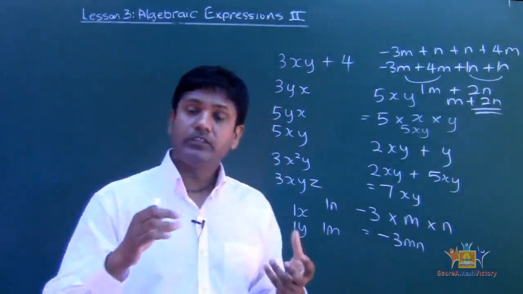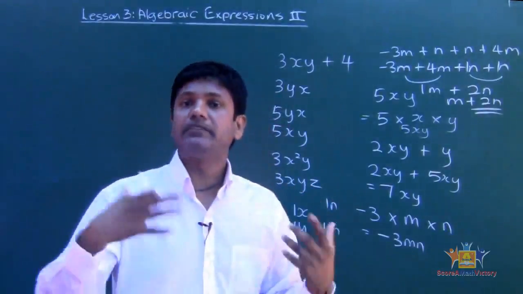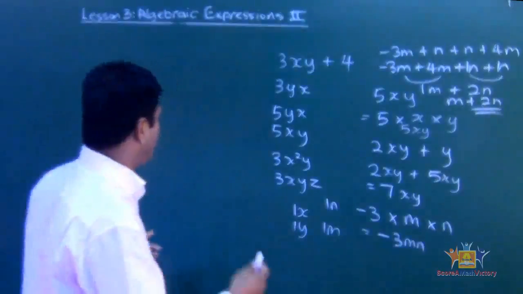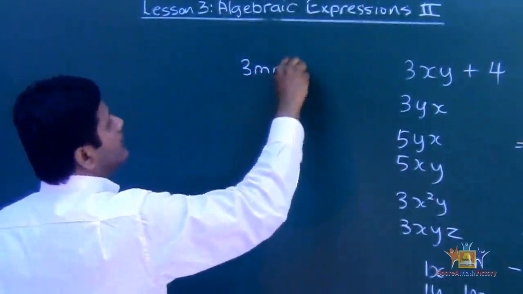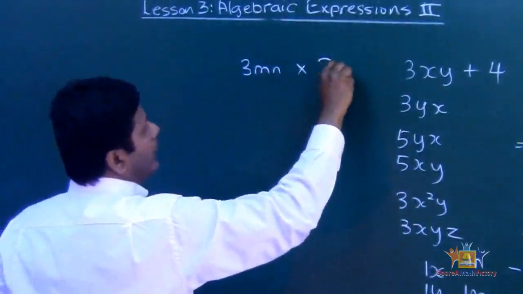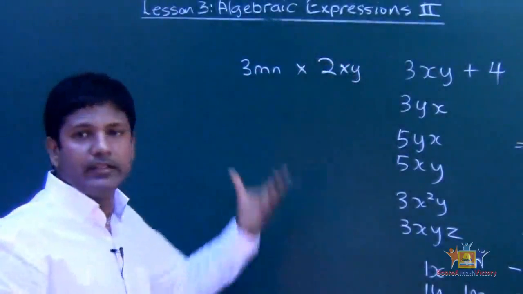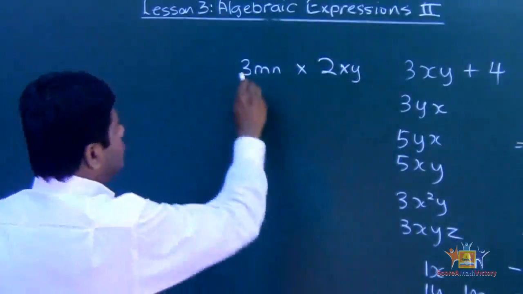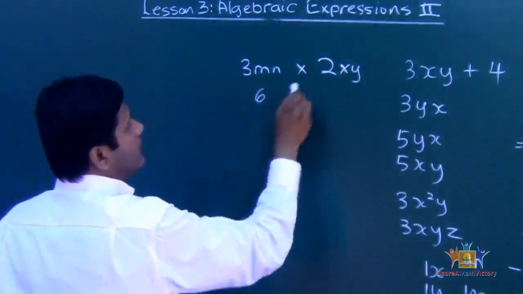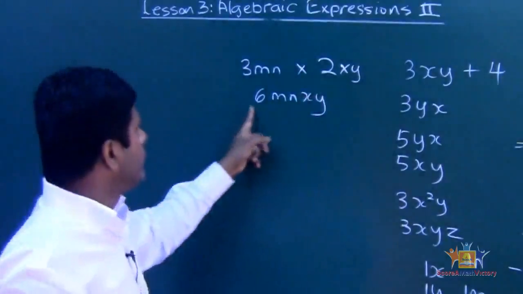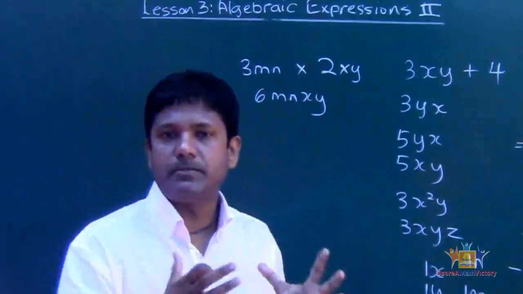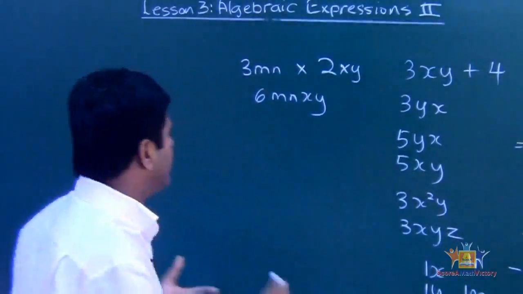But if equal terms or not equal terms, if you multiply, it's a totally different story. Let's say for example, Mr. Mac gives you 3mn times 2xy. Now in this case you're multiplying, okay? 3 times 2 is 6mnxy. See that? You can put them all together because you're multiplying. The same thing with the division, okay?